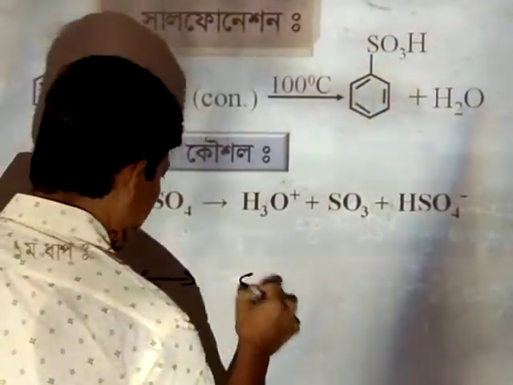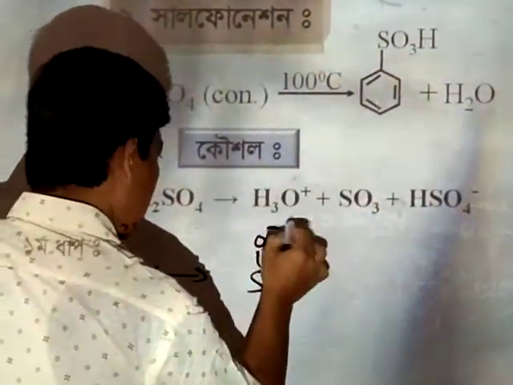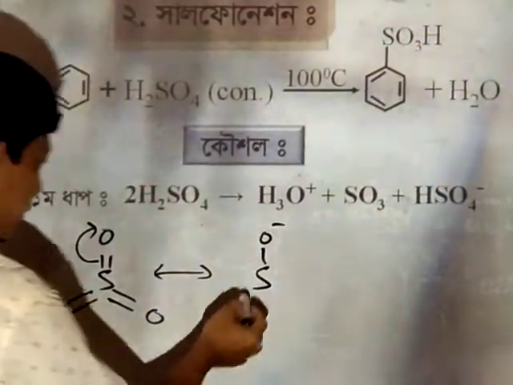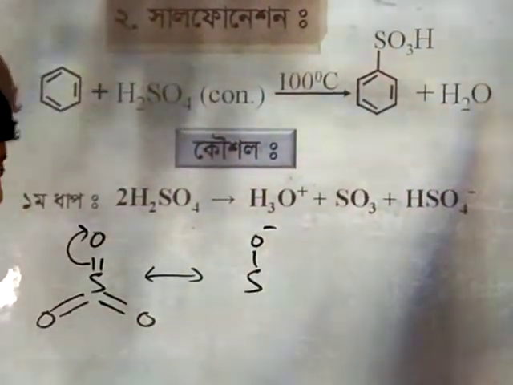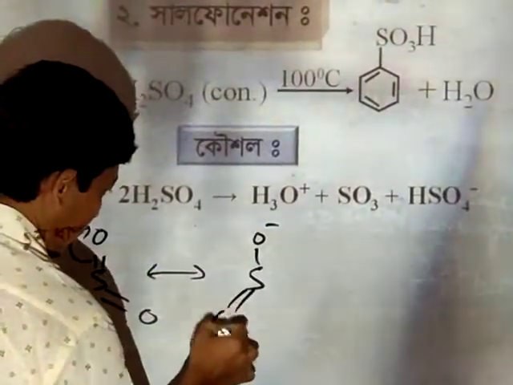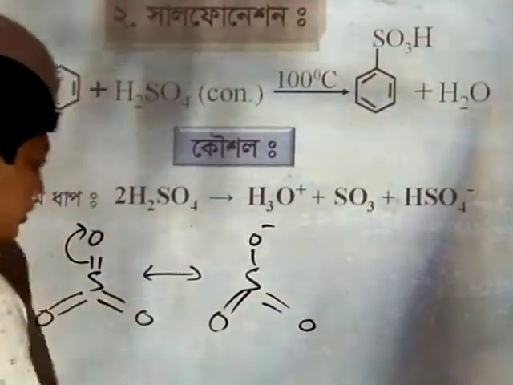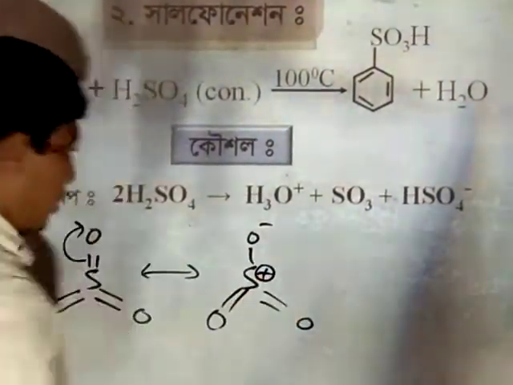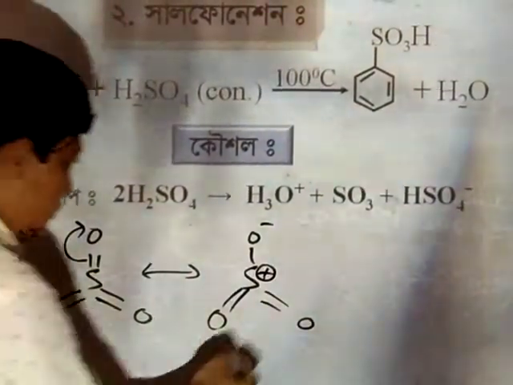In the second step, it creates an anion on the oxygen atom and a positive charge is produced on the sulfur atom.